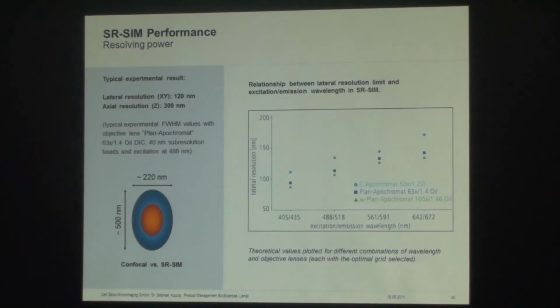With a 10x, you are not going anywhere near the conventional resolution, so you might be better off with a confocal, for example, with the 10x, rather than using a super resolution.